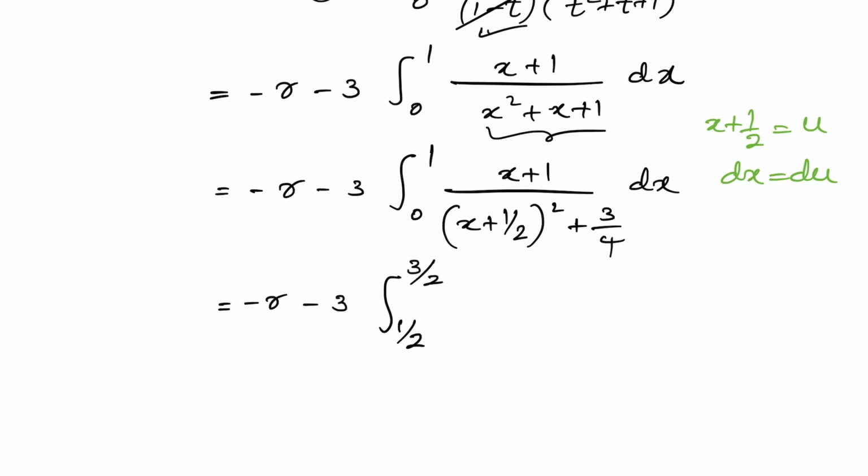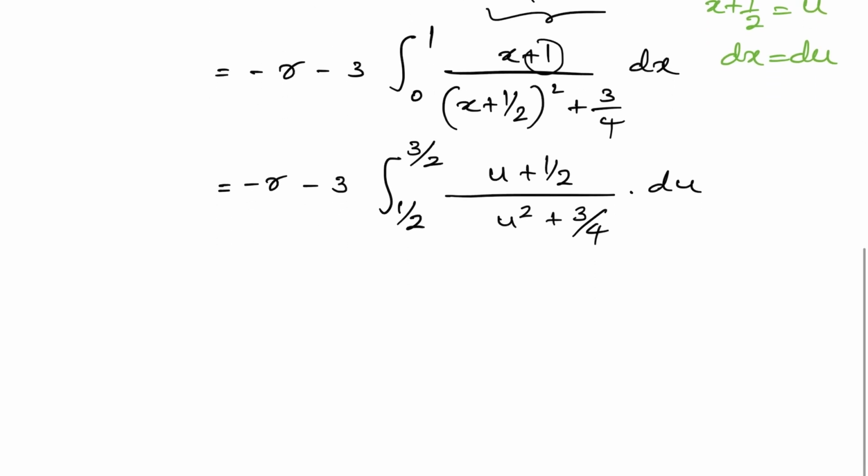Then x we know is u minus 1/2, but here plus 1, so we have (u plus 1/2) over (u squared plus 3/4), and dx same as du. Now let's evaluate this integral, and instead of u again we can use x. So we have minus gamma minus 3.